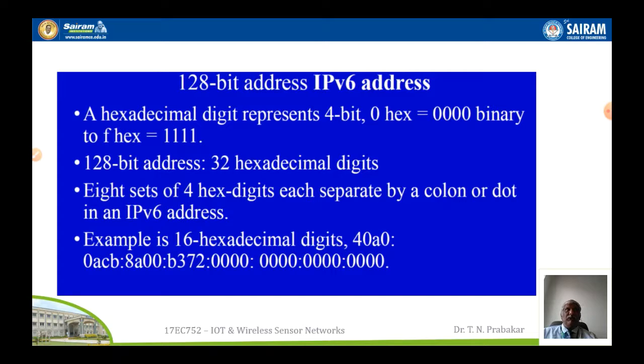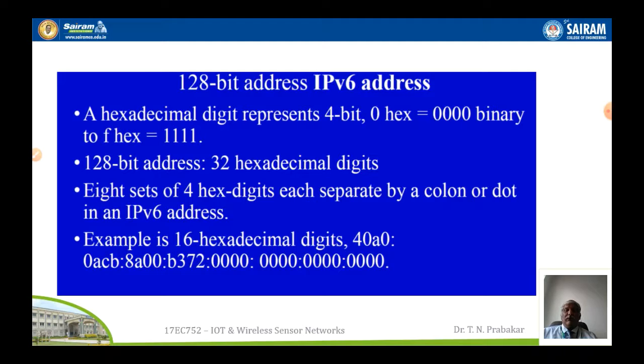So this IP version 4, which can have a maximum of 32 bits, may not be sufficient to address all these things. So in order to address this problem, the IPv6 address has been formed. Now this IPv6 will be having a 128-bit address against the 32-bit address size of IPv4.